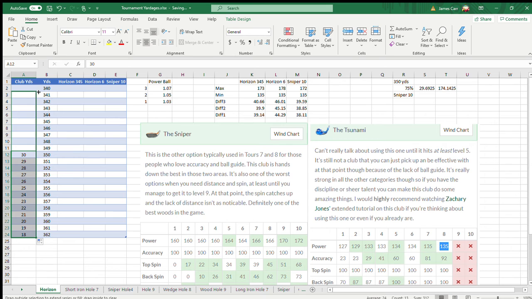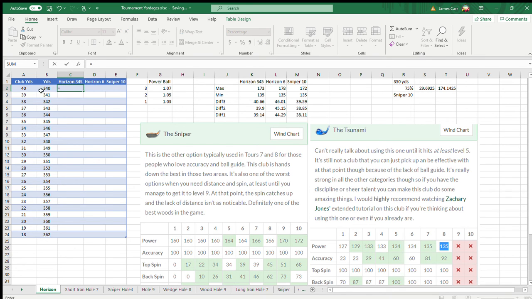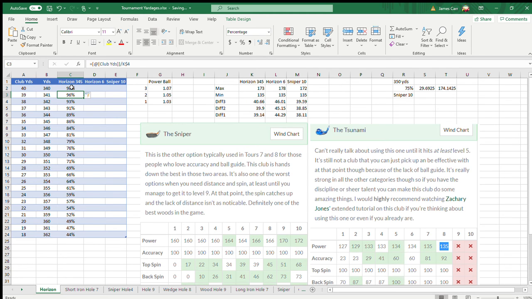And then you want to find where you are in the club each time, right? So this is where it's a pretty easy formula. You just take where you are in the club number times the max number that you can be in the club. So if you're at 40 yards, you can see you're very close to the max of the club here for both of these.